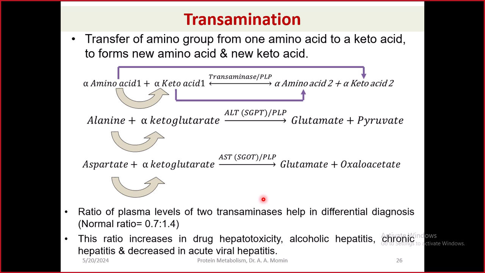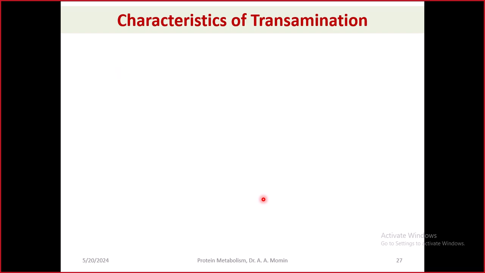Followed by liver, the heart is the principal site for the enzyme SGOT only. So any damage to liver affects this ratio, which may be helpful in the diagnosis of these various conditions.